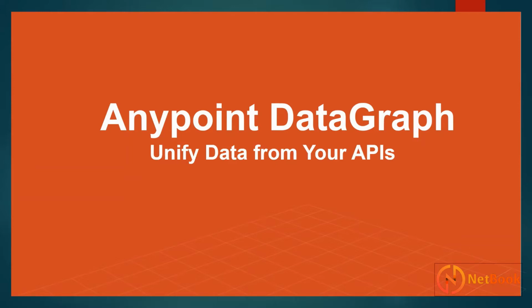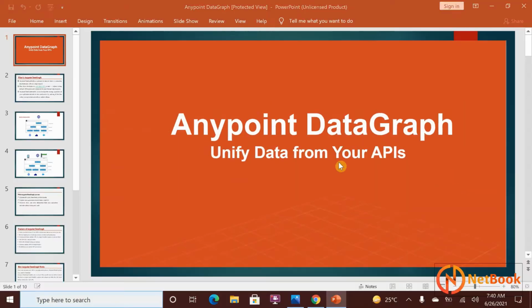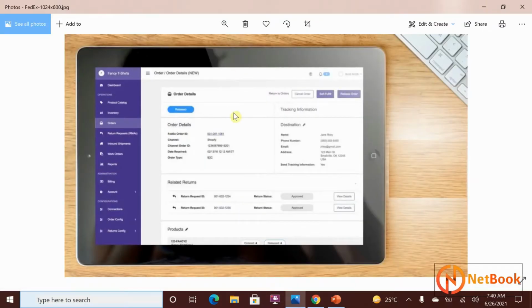Before going in depth, let me discuss one scenario. Imagine this is my web page, which currently holds information about order details, customer details, shipping details, that is the tracking details, and some product data.